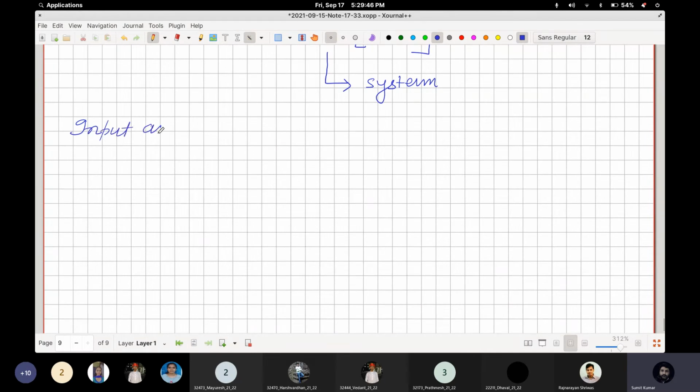Now we are going to discuss what is called the input and output relationship, a description of the system. In this description, input and output both will be given in symbolic form.